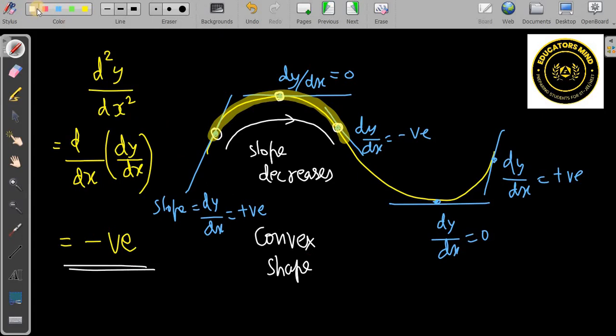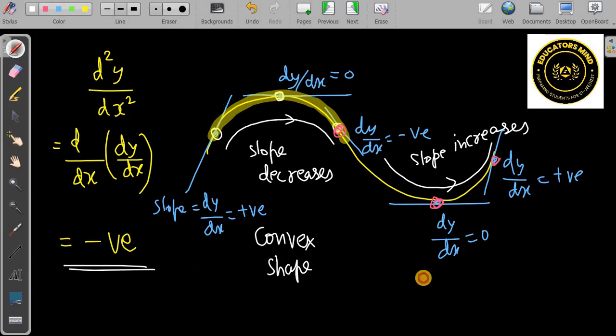Just the reverse way also, when you go from, let us say, this point to this point to this point, the slope is going from negative to 0 to positive. So the slope is increasing here, right? When you are going like this, the slope increases.